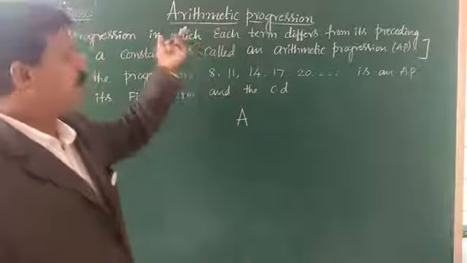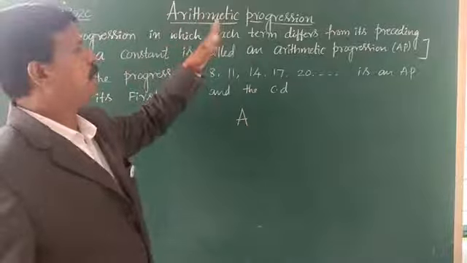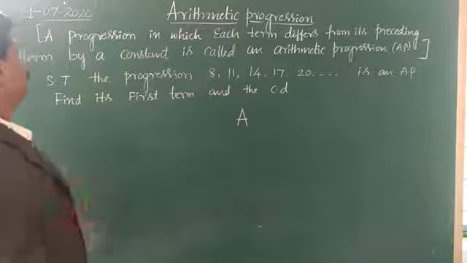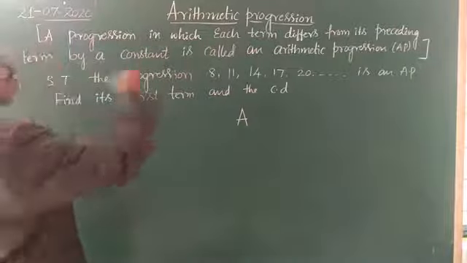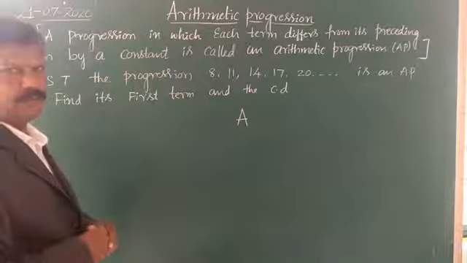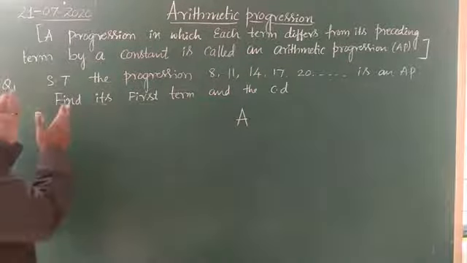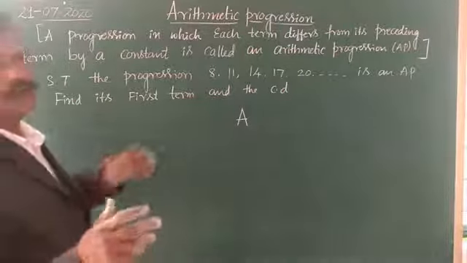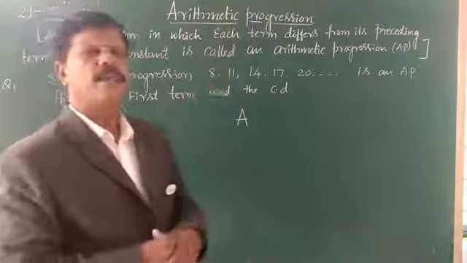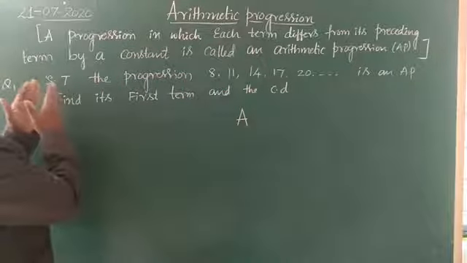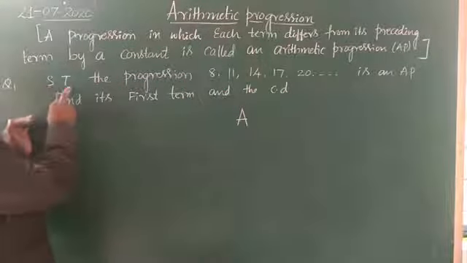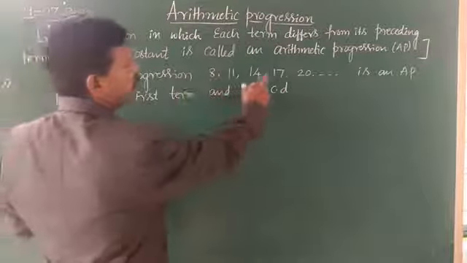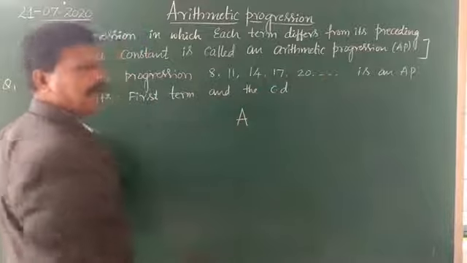Okay, in the previous definition I have written the progression or sequence. What is a sequence or progression? Here this is the definition of arithmetic progression. Right. Now let us take the first question based on the definition of arithmetic progression. Now look at this. Show that the progression they have given is an AP.